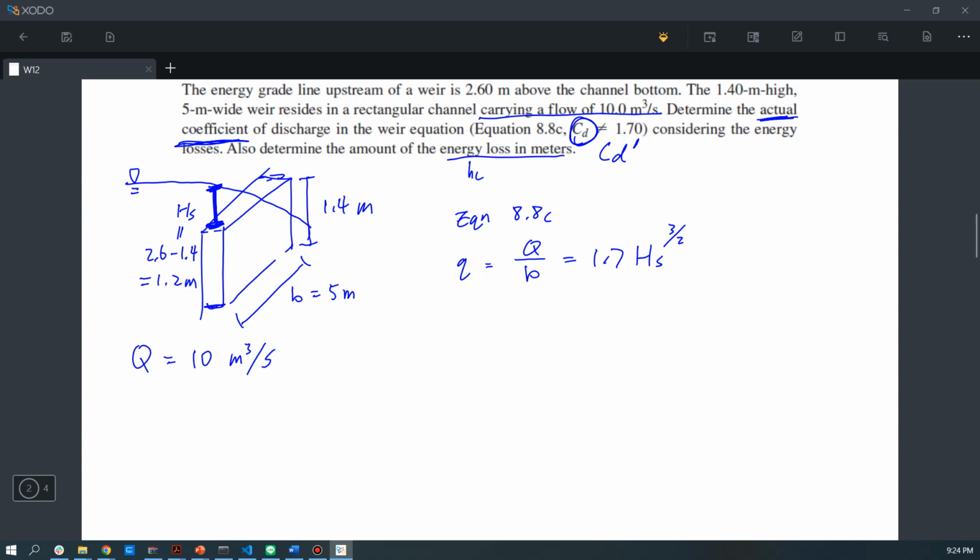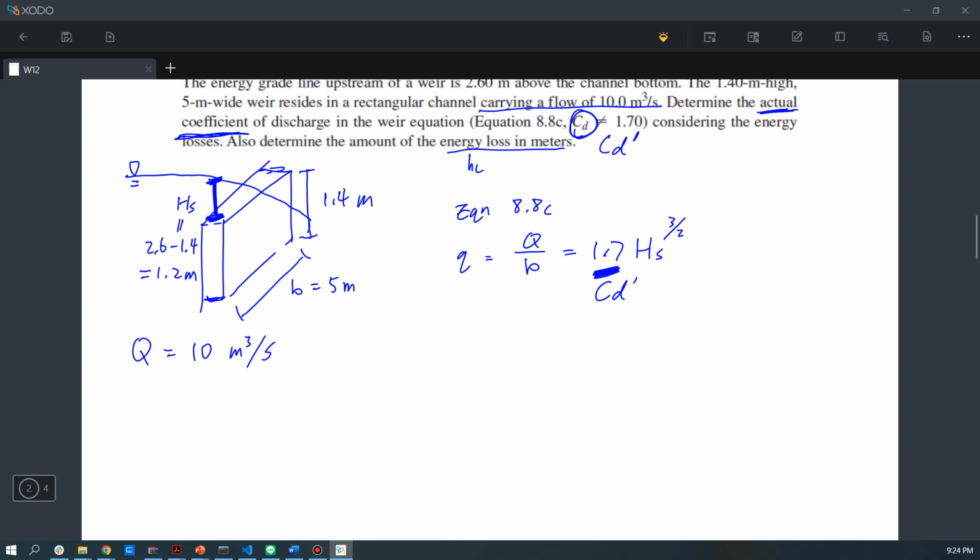But now we want to solve the actual coefficient C_D,plum, which is not equal to 1.7. But we will use this relationship to solve for C_D,plum. So we can further write that q is equal to C_D,plum times H to the power of 3/2.